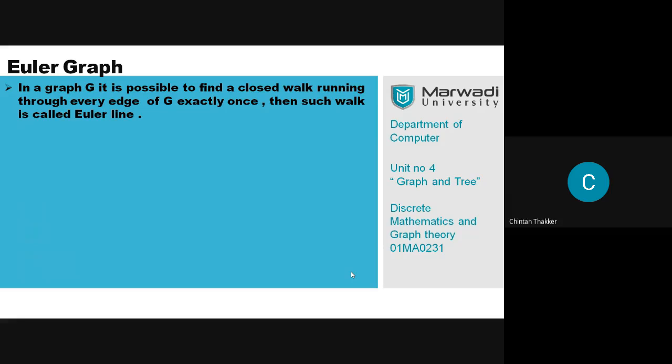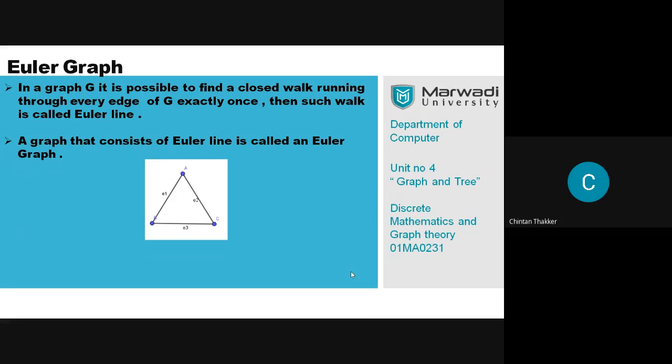Here we find a walk which contains all the edges of the graph, then that closed walk is called the Euler line. And if a graph contains this Euler line, then that graph is called an Euler graph.